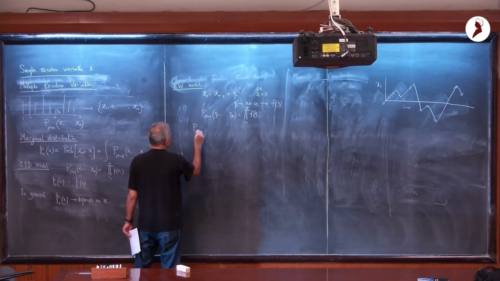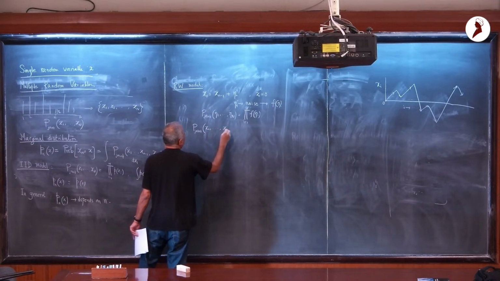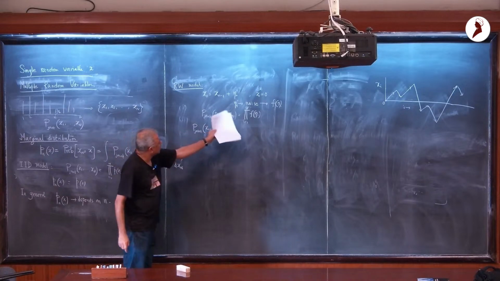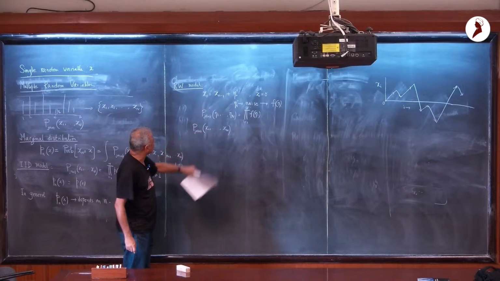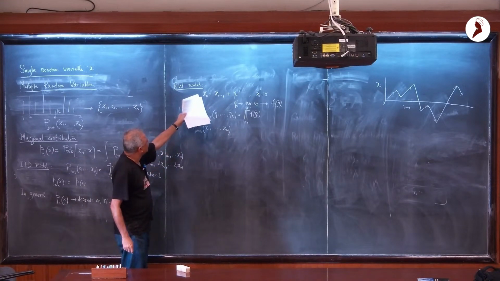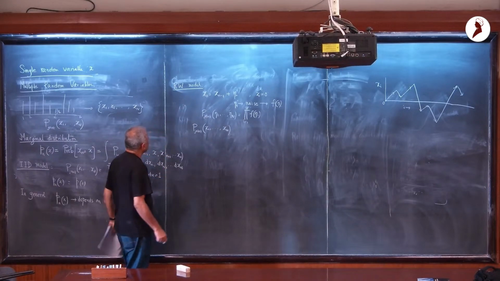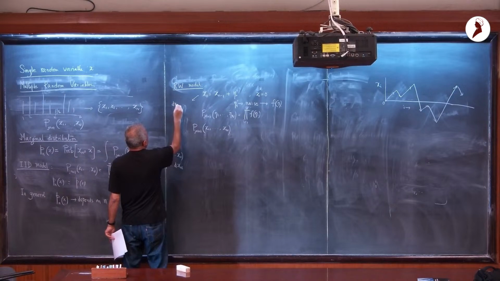So if I want to calculate the joint distribution of x1, x2, x3, up to xn, we are making a change of variables. From knowing the distribution of the noise, I can easily calculate the distribution of the x's. This is just a change of variable, right? Because you are going from eta variables to x variables. And as you can see from here, the d xn over d eta n is just 1.